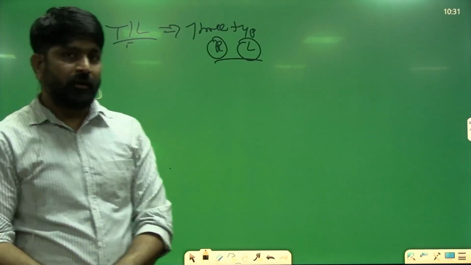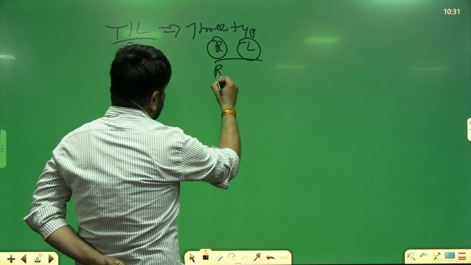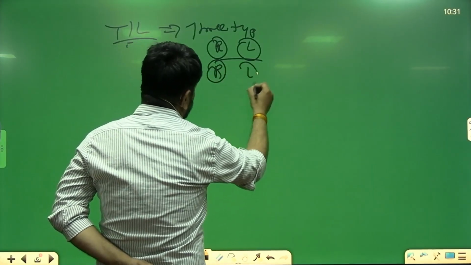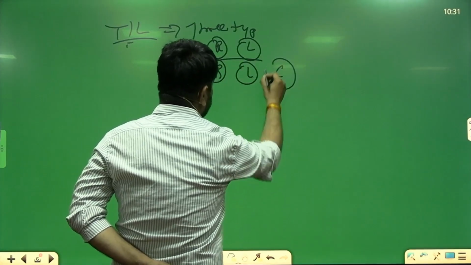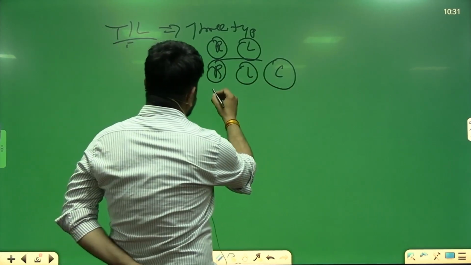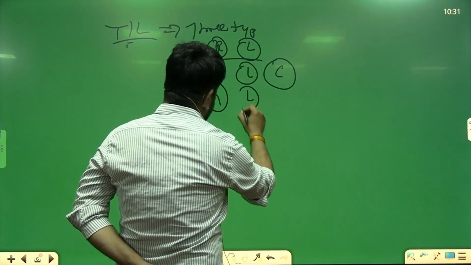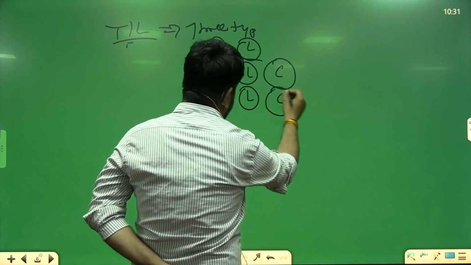For a long transmission line, we consider resistance, inductance, and capacitance.